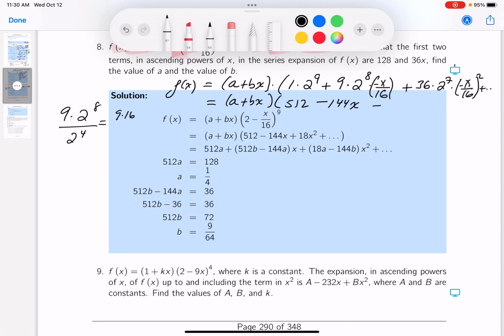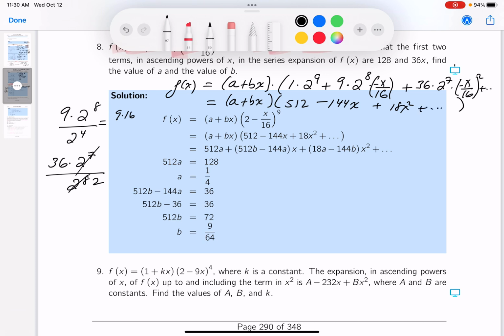Let's do the next one. That's going to be plus, and that's going to be more difficult, isn't it? 36 times 2 to the 7th, and the bottom is going to be 2 to the 8th. And that's going to be what? Let's see, 2 on the bottom, and 2 goes into 36 18 times. And this goes on.